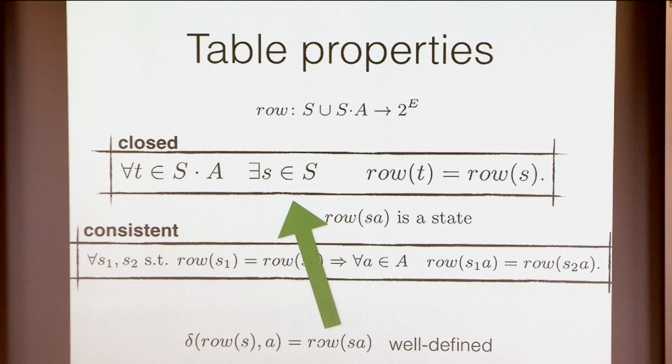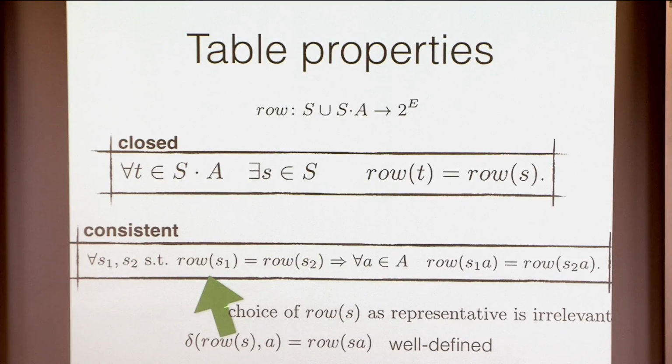So first, this condition guarantees that the target state here, row of SA, is actually a state, because the set of states only contains rows that are in the upper part of the table. And the second condition basically says that the choice of representative I'm making here is irrelevant. So no matter what I choose as the S here, it doesn't matter. If 2 rows were the same, they will still be the same here.